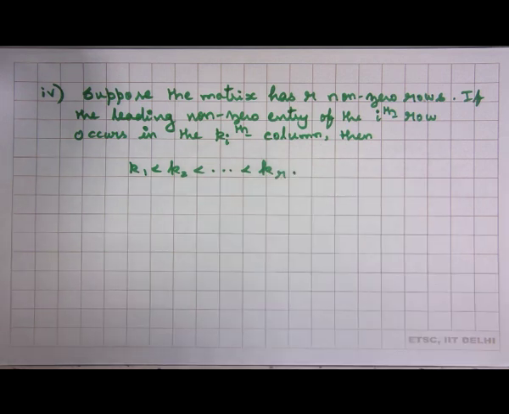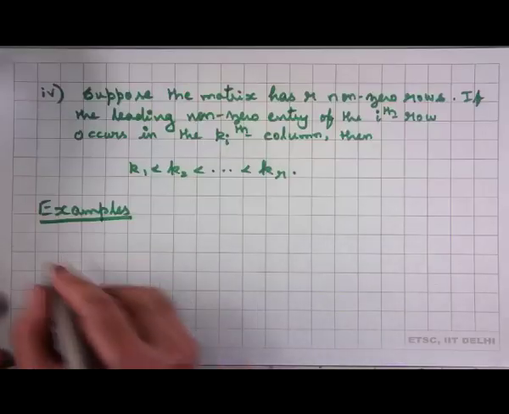These are the 4 things that you need to define the notion of the row reduced echelon matrix. Now, let us do some examples.